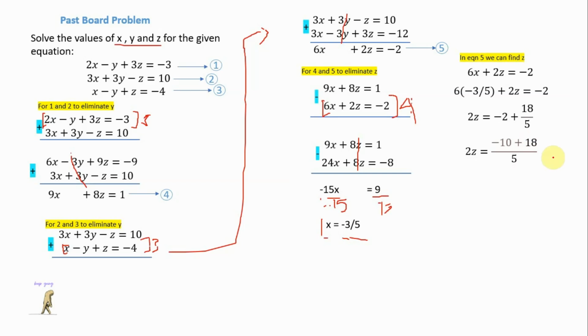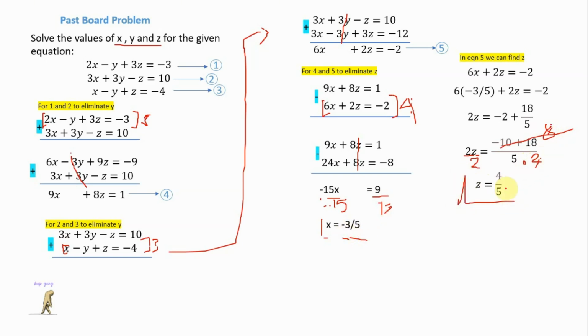And then we need to simplify more, and we know it becomes 18 minus 10, and then over 5, and then we need to divide them both by 2. We can simplify 8 over 2 by 4 over 5. So this is our z already, right?